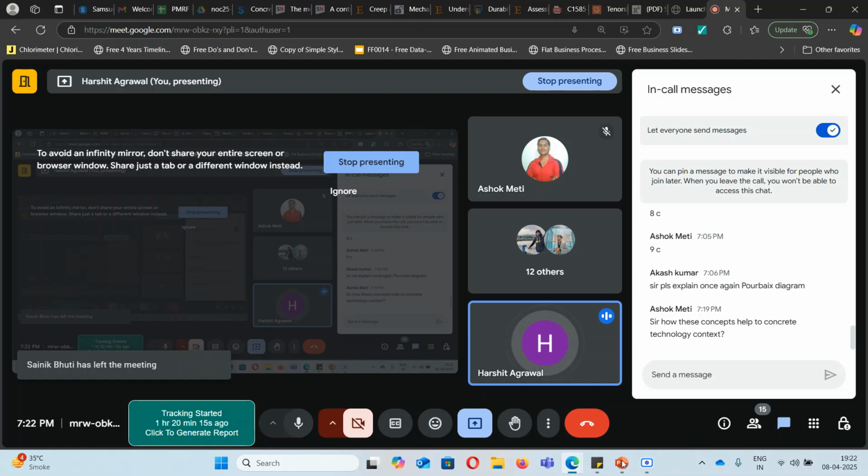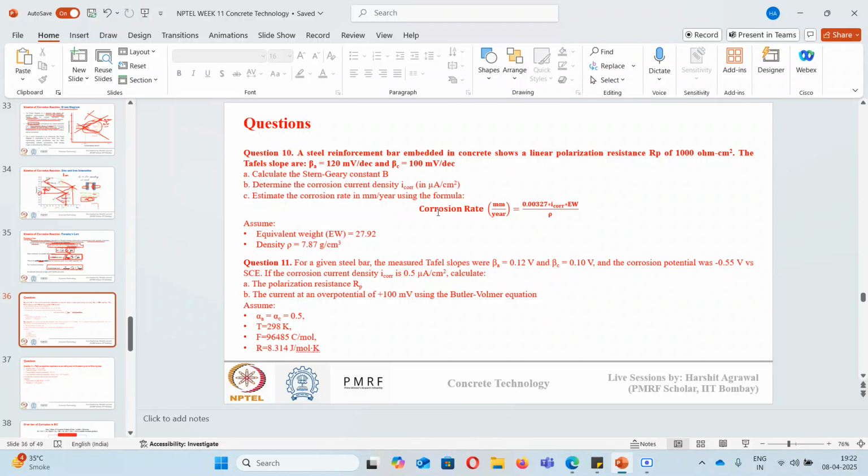Okay, Pourbaix diagram, we will explain again, sir, how this concept helps the concrete technology concept. See, in concrete technology, when we talk about durability, durability is concerned with the corrosion of reinforced concrete. Before initiation, concrete is controlling the corrosion process, but after initiation, the rate at which rust is forming will govern the failure of my reinforced concrete system.